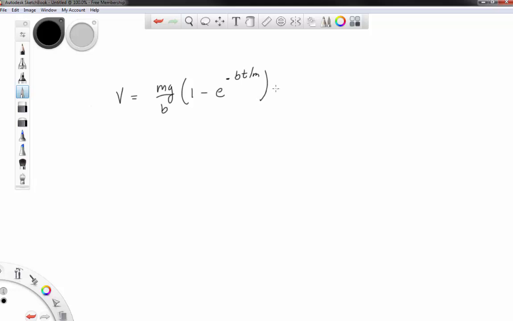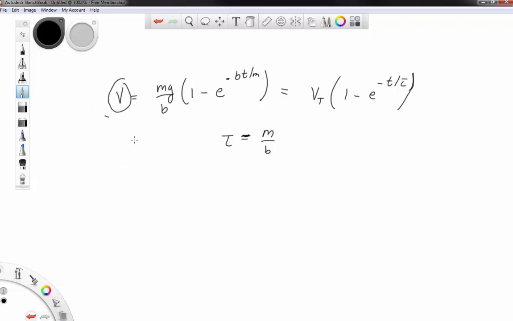So this right here collectively is actually going to be equal to the terminal velocity times 1 minus e to the negative t over tau, where we have set tau equal to basically m over b.